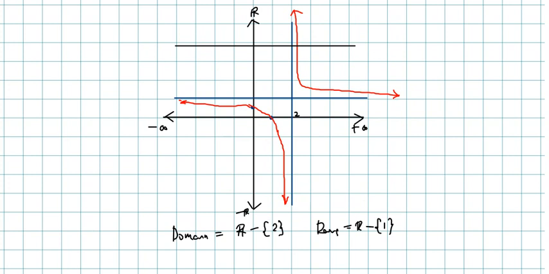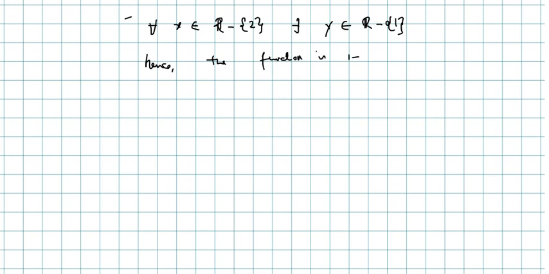So we can clearly write: for all x element of real minus 2, there exists y element of real minus 1, hence the function is one-one. But is it onto?